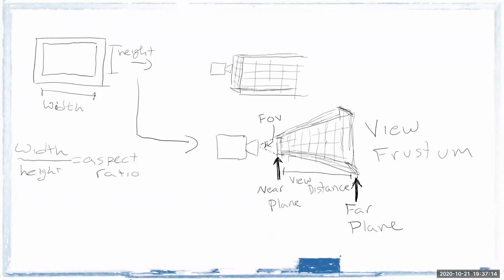But that's not how we see most things. We see things with a field of vision, or field of view, that is sort of like an angle and describes almost like a cone that comes out from our eyes over a certain distance and space.